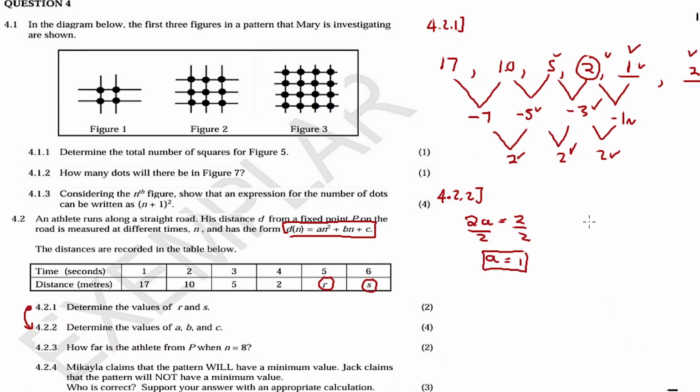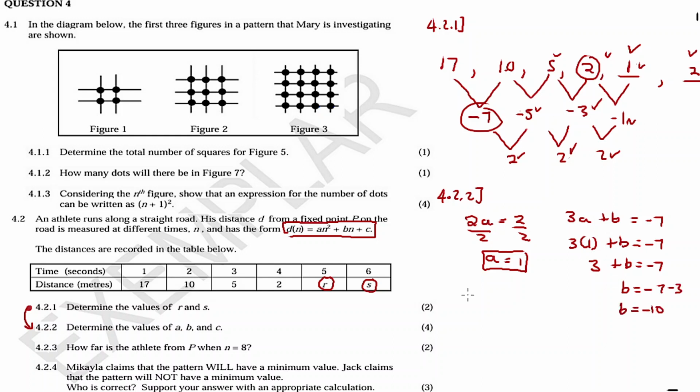With 1 as A, then 3A plus B is equal to negative 7. 3 times 1 plus B is equal to negative 7. So 3 plus B equals minus 7. B is equal to minus 7 minus 3. Then B is minus 10.